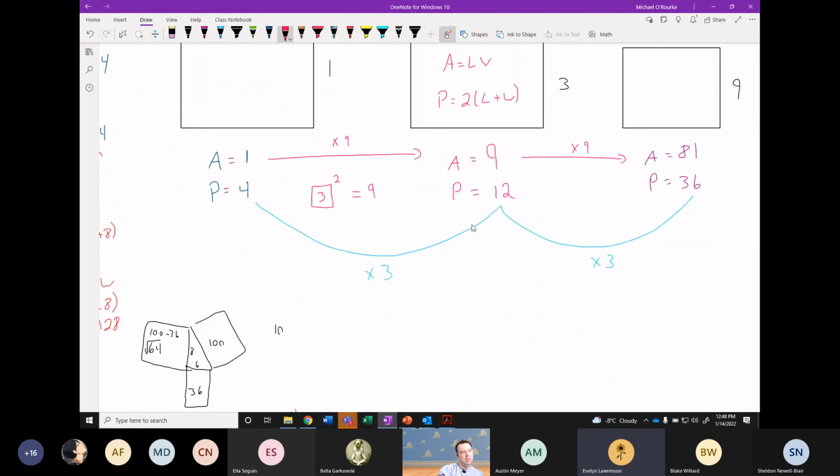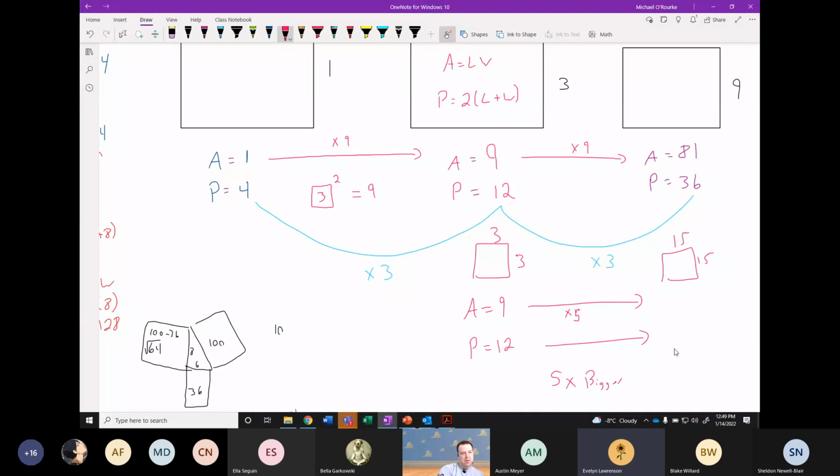If I took this square right here, that had an area of 9 and a perimeter of 12, which was 3 by 3, and I made it 5 times bigger, right? If I made it 15 by 15, our logic says this would be times 5.